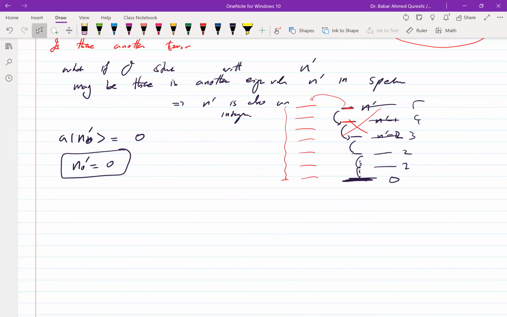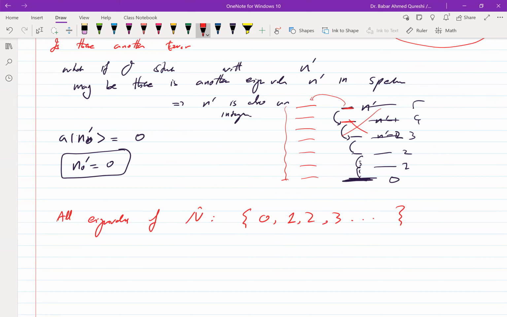There are no other eigenvalues. All eigenvalues of n are 0, 1, 2, 3. Because if I assume that there's another eigenvalue, I always hit the 0. So the eigenvalues are forced to be integers because of that fact.